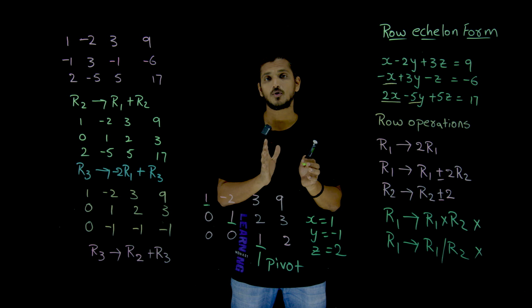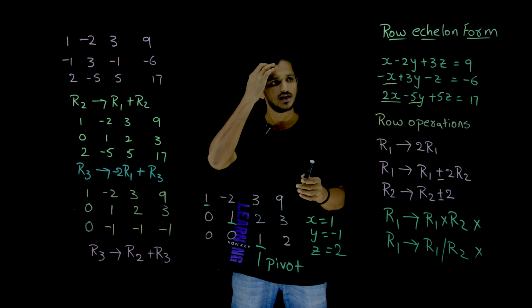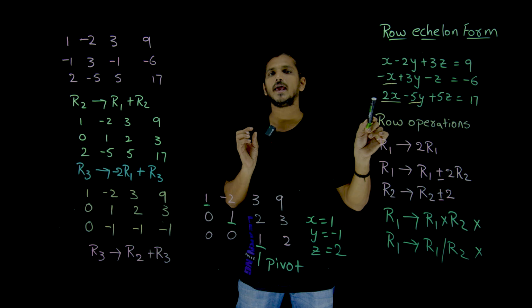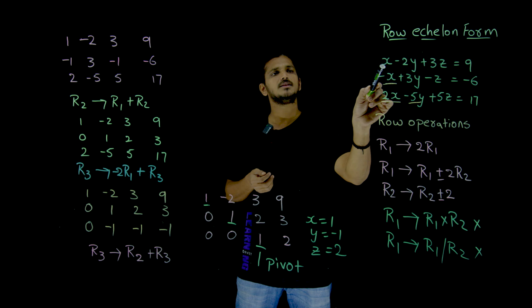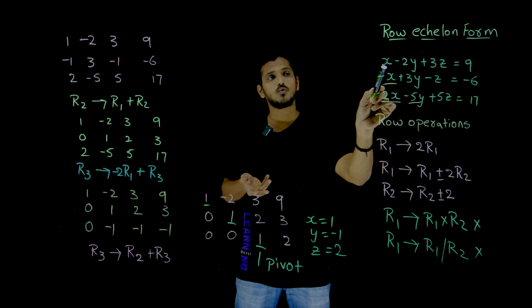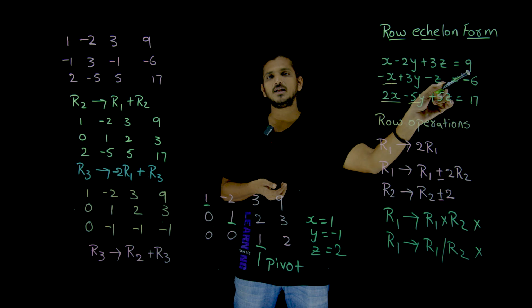So what kind of row operations are allowed here, and what are not allowed? Let's try to understand. When you multiply this equation with a scalar, meaning you take a constant value 2, multiplying this equation with 2 is not going to affect the system. The equation you get is 2x minus 4y plus 6z is equal to 18.